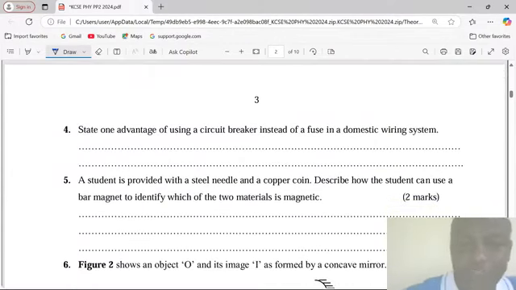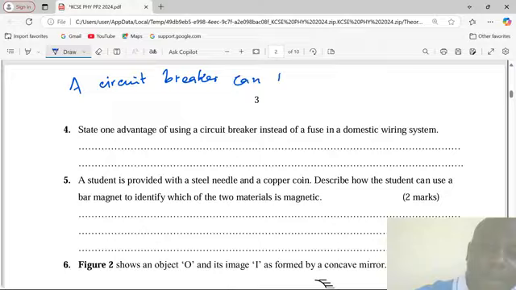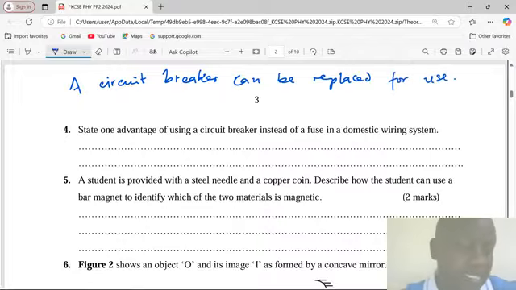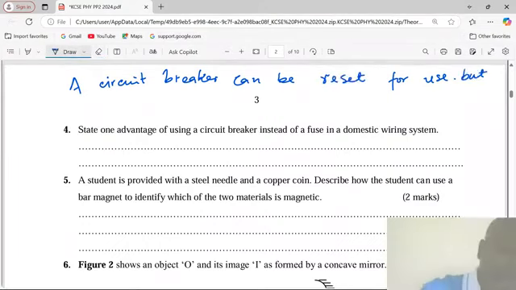One advantage of a circuit breaker is that it can be reset for use again, after it has served its purpose.